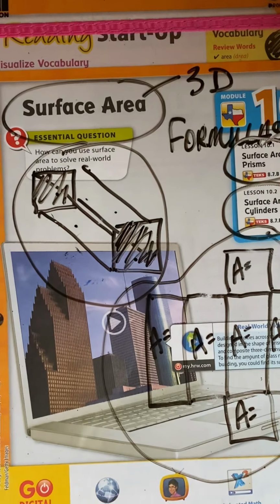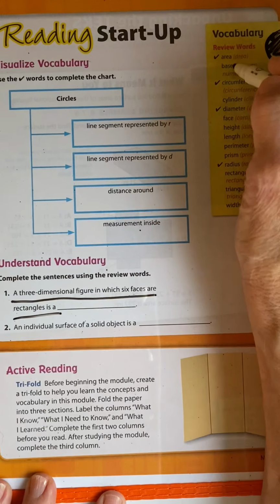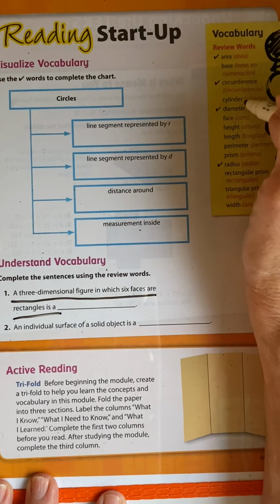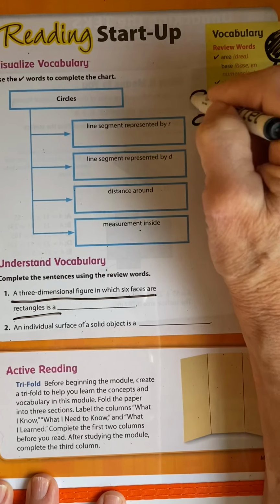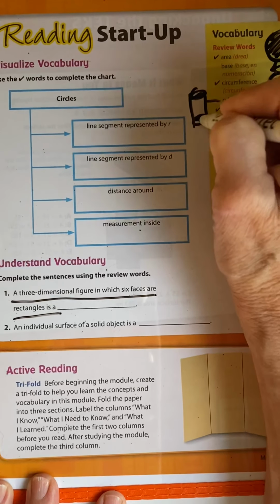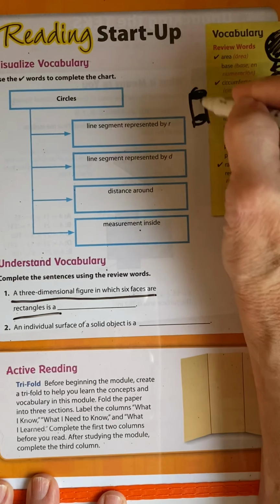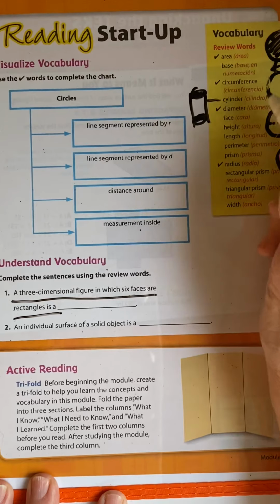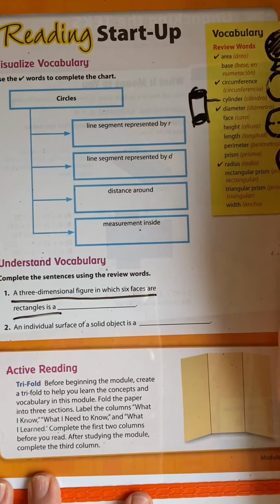All right, using our words over here: area, base, circumference, cylinder. We know a cylinder is this. We know the base is one end. There are 2 bases in a cylinder, 1 base in a pyramid.